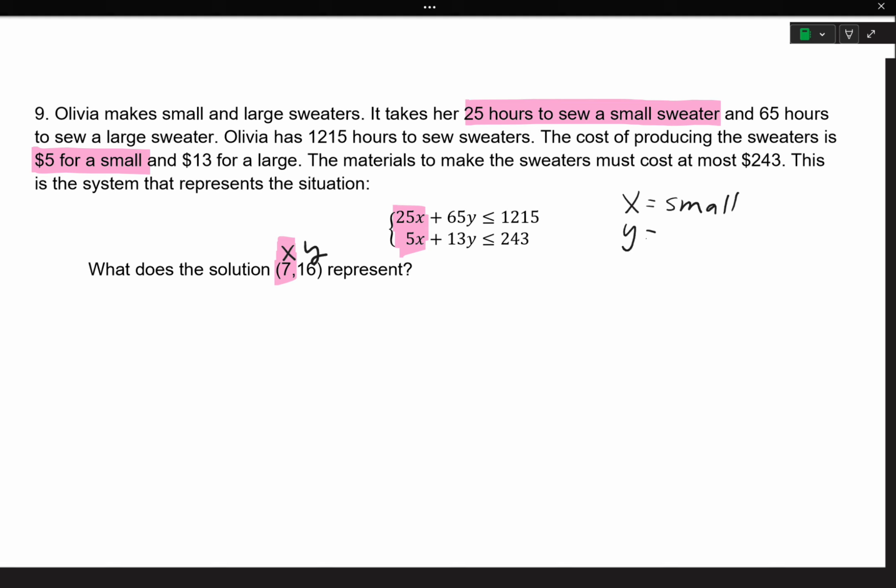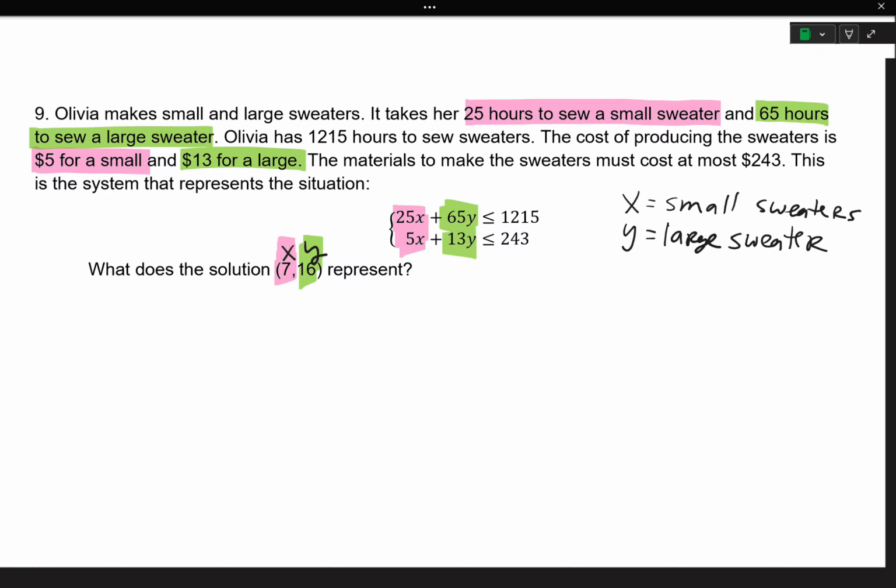I don't feel like writing sweaters. I should do it. I'll do it. And y, we got 65 and 13 that go with y. 65 hours to sew large sweaters and $13 for large sweaters. So y is a large sweater.